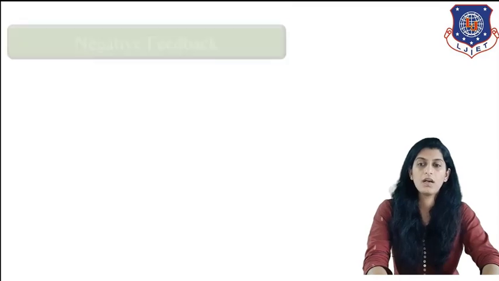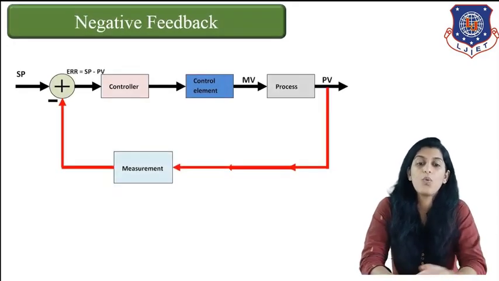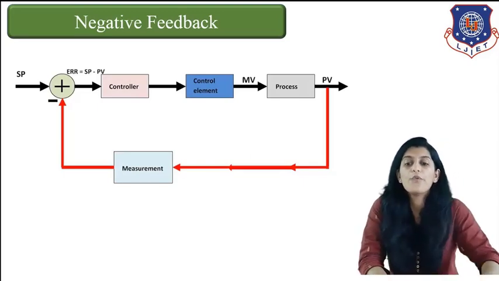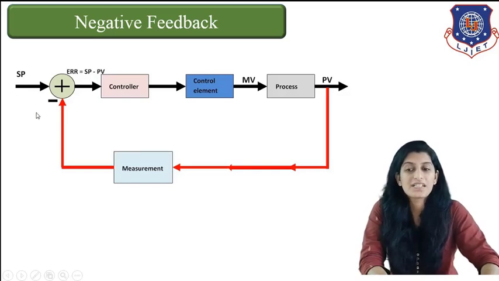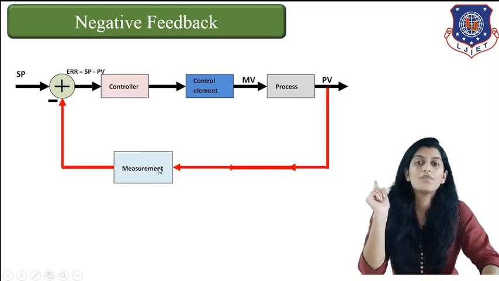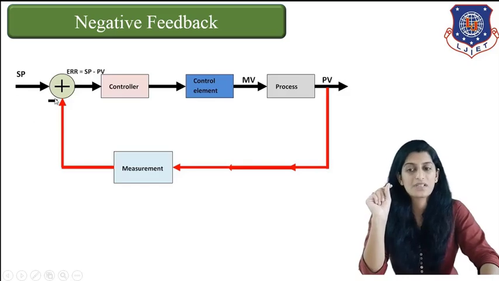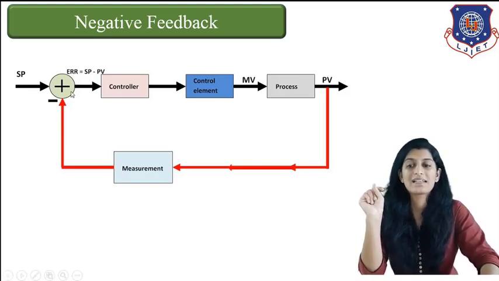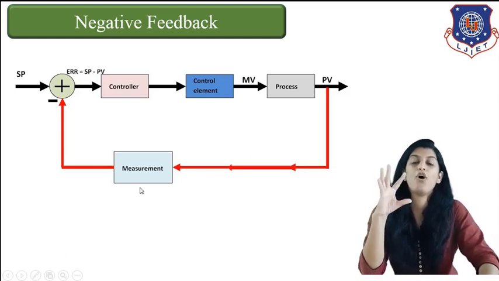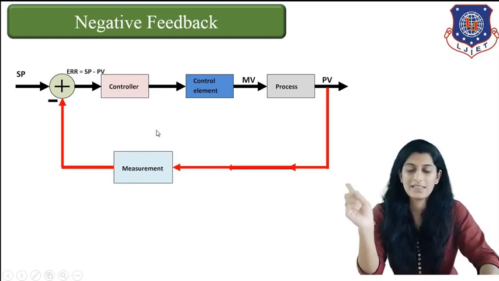Correct. Coming to the next topic, which is negative feedback. So what do we mean by negative feedback? Whenever we are subtracting the measured variable value, the value which is coming from the measuring device, from our set point, then those block diagrams or systems are termed as negative feedback systems.